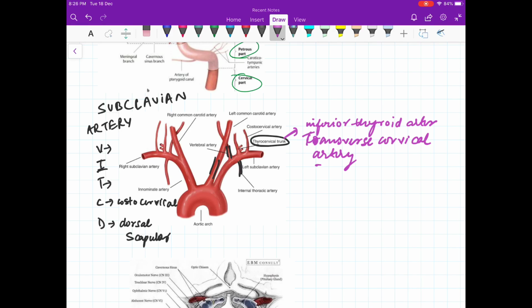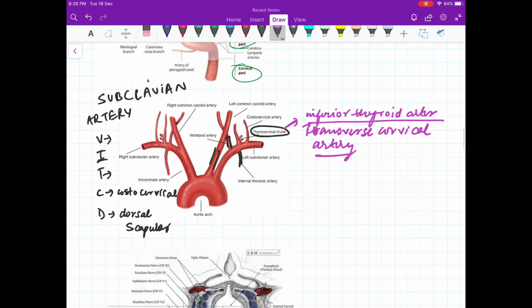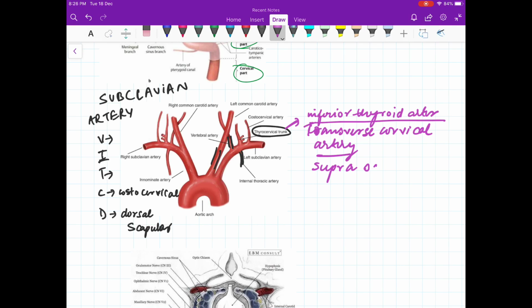And one more branch that is coming from thyrocervical trunk is suprascapular artery. So these are the branches of the thyrocervical trunk: inferior thyroid artery, transverse cervical artery, and suprascapular artery. The superior thyroid artery is a direct branch of external carotid artery.